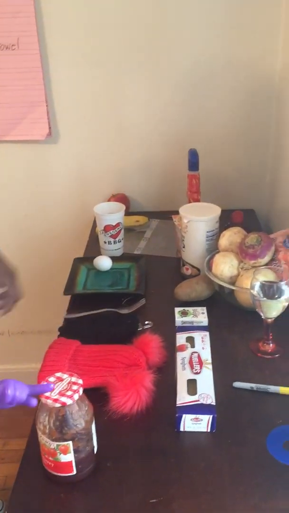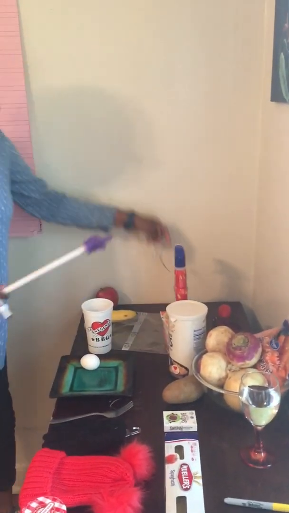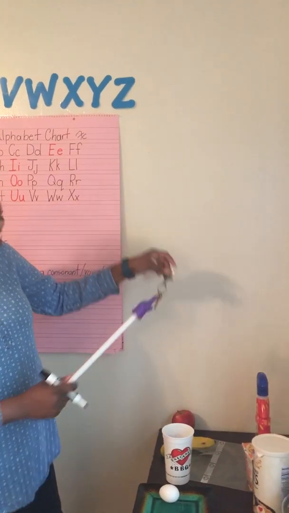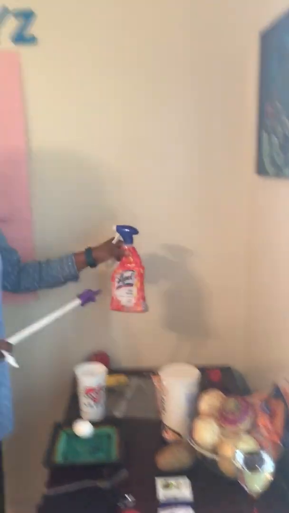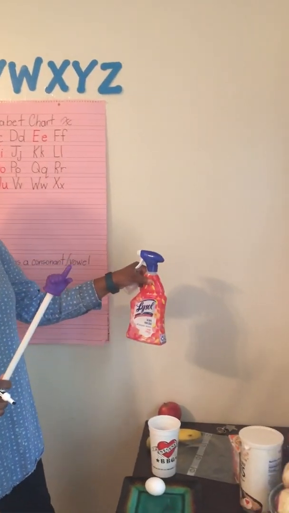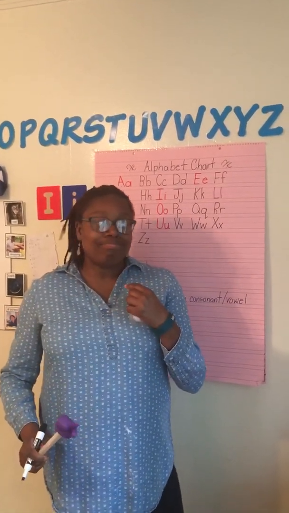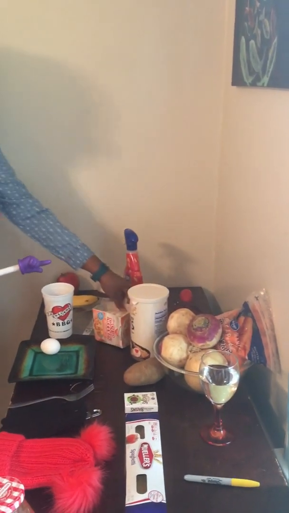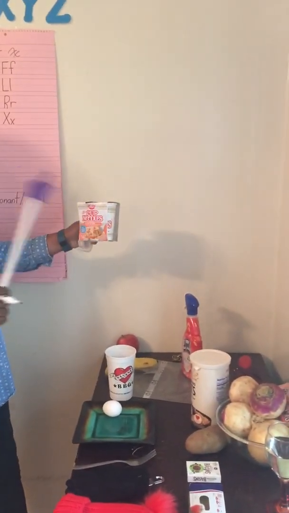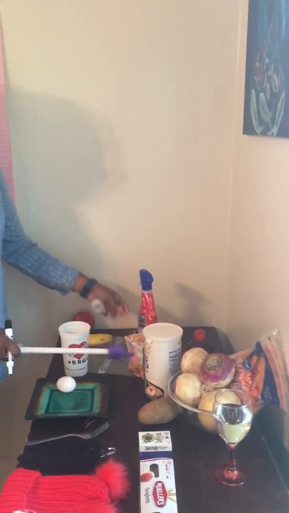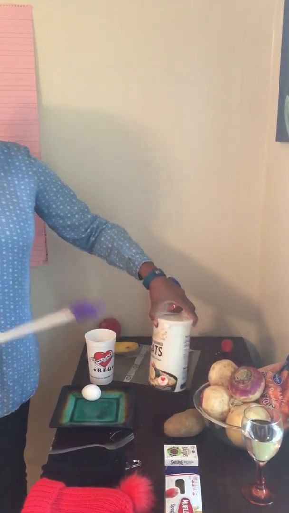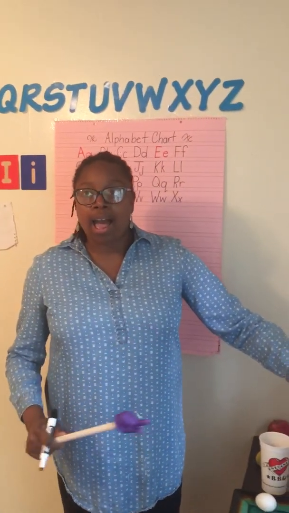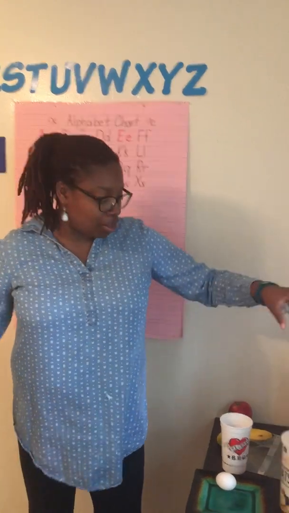Jam. Key. Lysol. Mouth. Noodles. Now here we have another vowel, which is O. Short sound of O is ah, like an octopus that has all those legs.